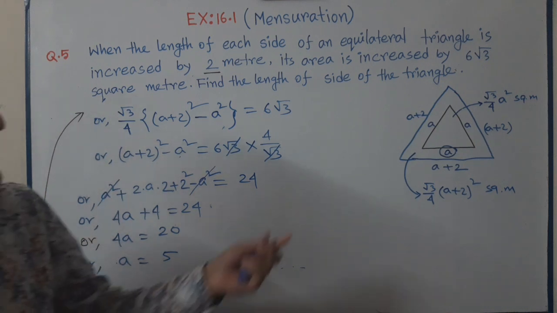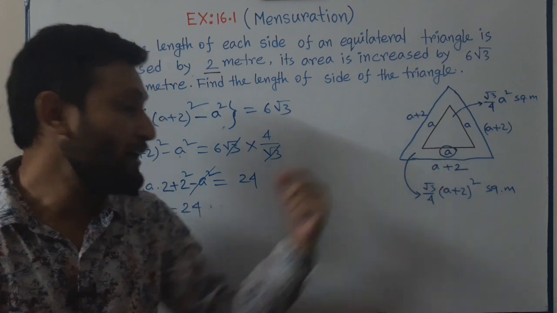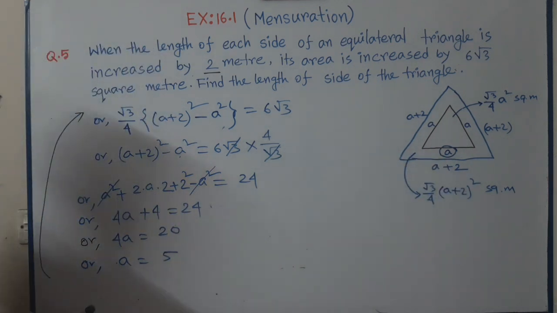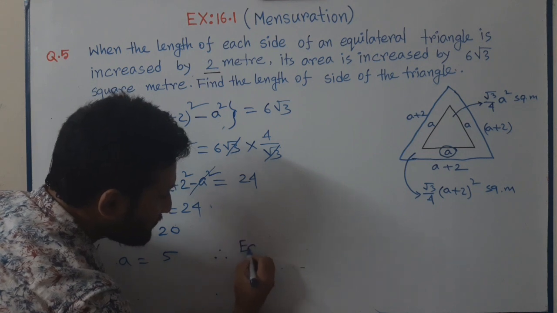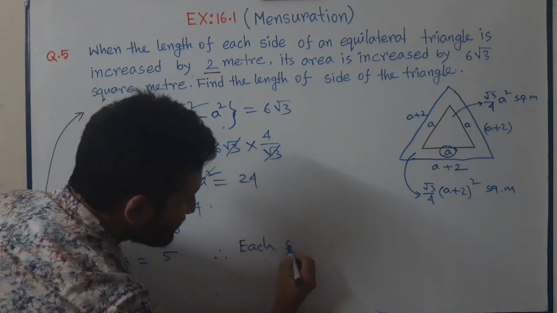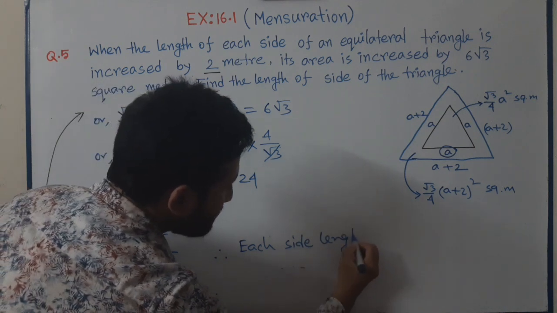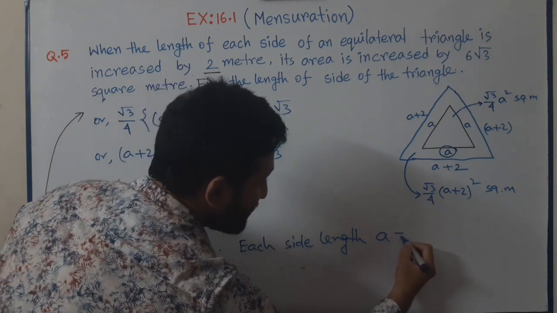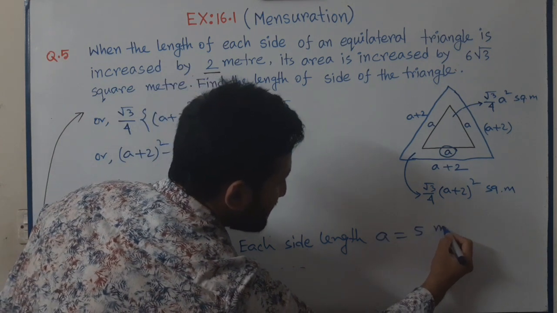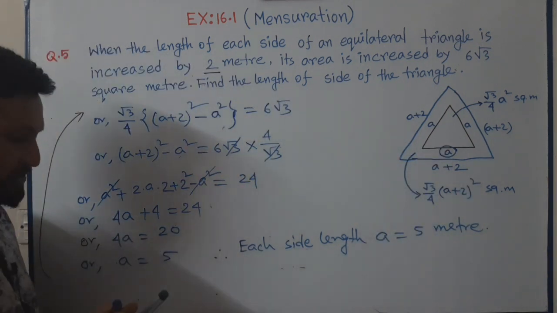So the side length of this equilateral triangle is 5 meters. Our required answer is the side length of this equilateral triangle, A equals 5 meters. This is our required solution.